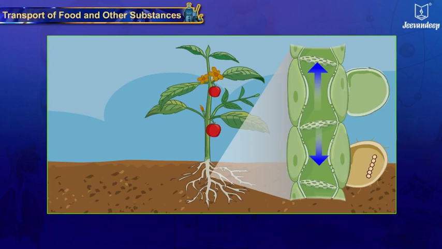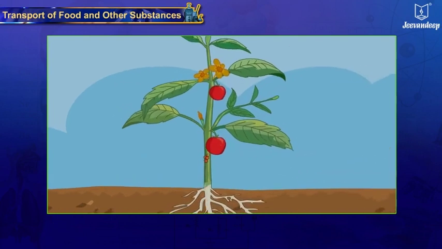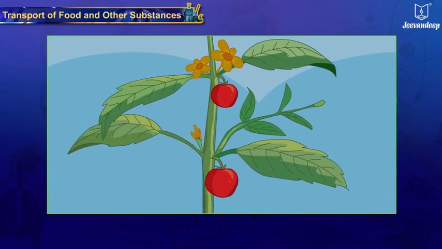In the flowering season, starch, which is an insoluble form stored in the roots or stem, is reconverted into sucrose, which is soluble form, and is translocated to the buds, assisting in their growth.